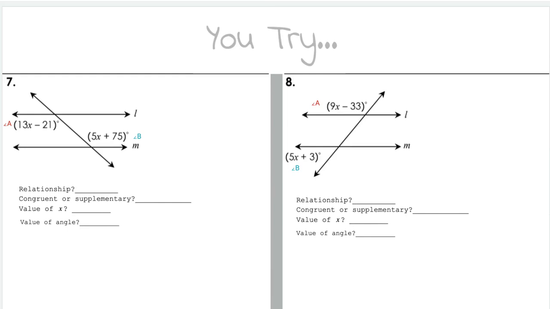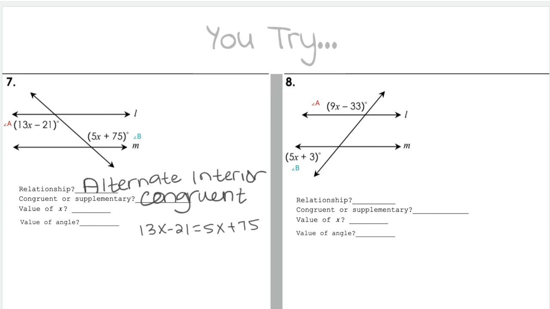All right, you're going to try these on your own. So number 7, what type of relationship? These are alternate interior angles. Are they congruent or supplementary? Alternate interior angles are congruent. Next, set up your equation.